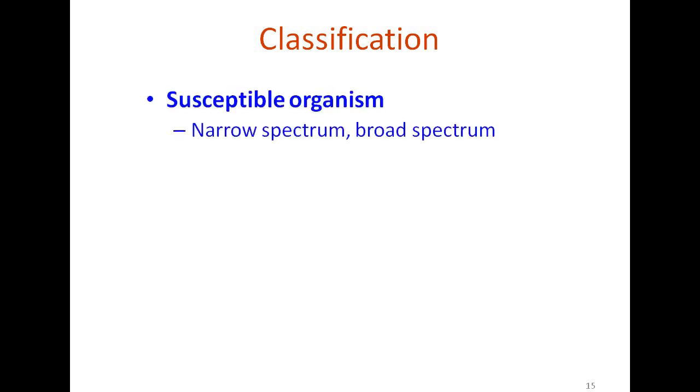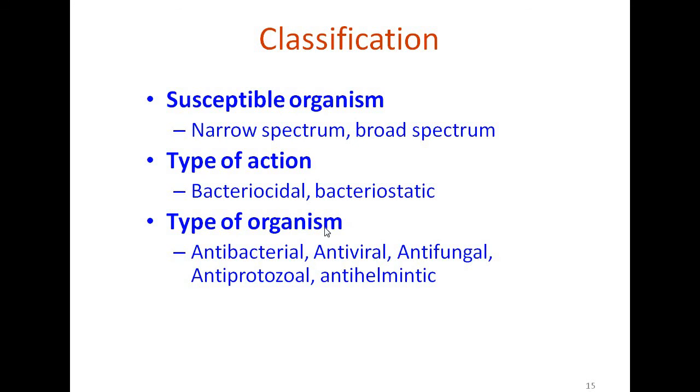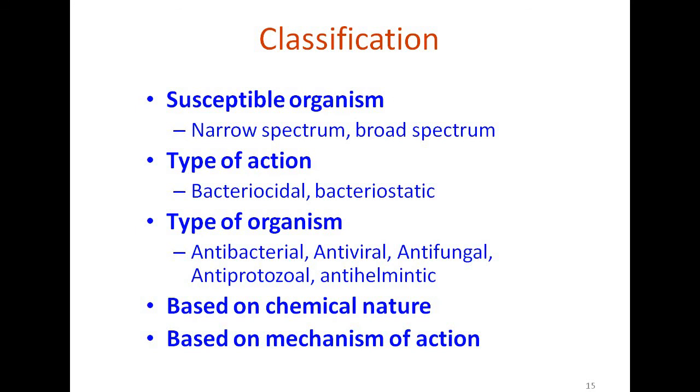One more possibility is based on chemistry: beta-lactams, aminoglycosides, quinolones, etc. Like we said, based on susceptible organisms: narrow spectrum and broad spectrum. Based on the type of action: is it bactericidal or bacteriostatic? Based on the type of organism the drug is effective against: anthelmintic, antiviral, antifungal, antibacterial, etc. Based on chemical nature, like we said, beta-lactams, cephalosporins, quinolones, etc. Based on mechanism: DNA gyrase inhibitors, cell wall synthesis inhibitors, etc.